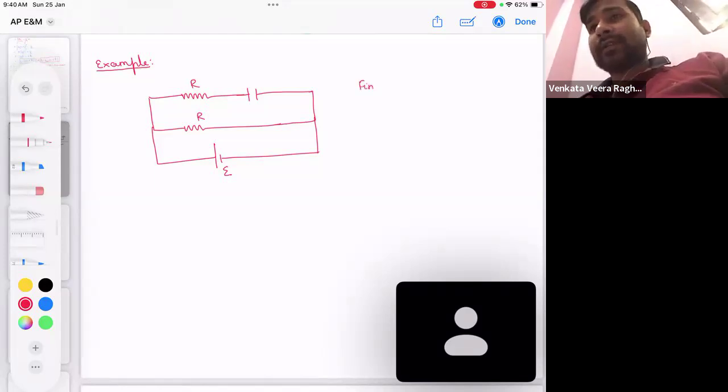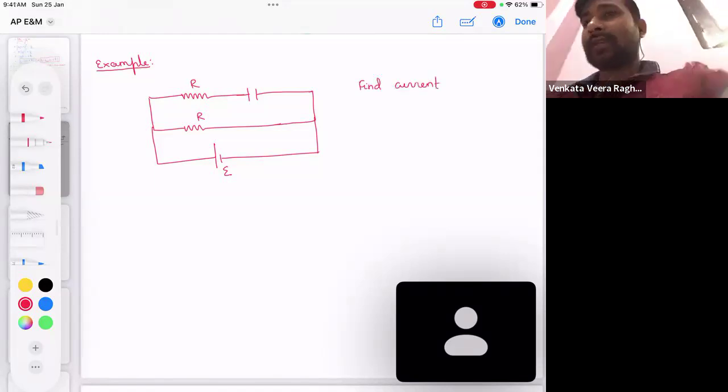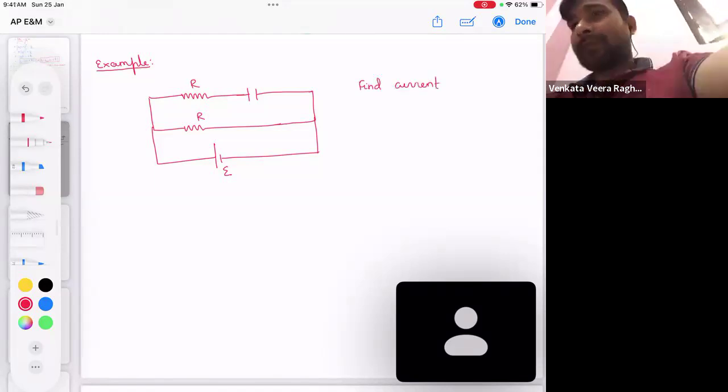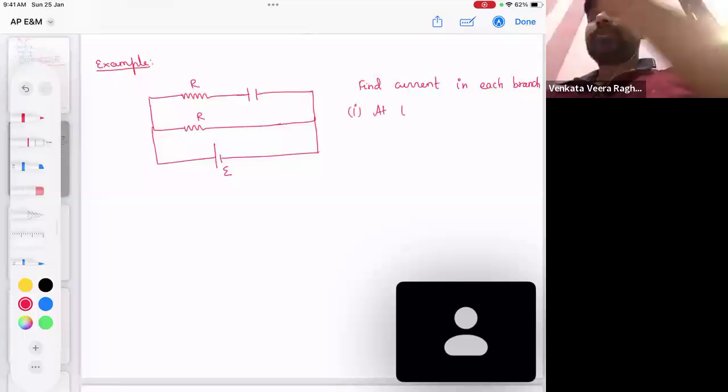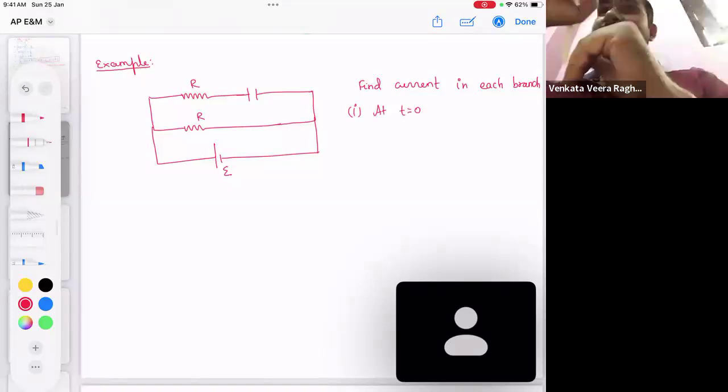Now, we have to answer this: find the current in each branch. First thing, at t equal to 0, or you can say just after closing the switch.